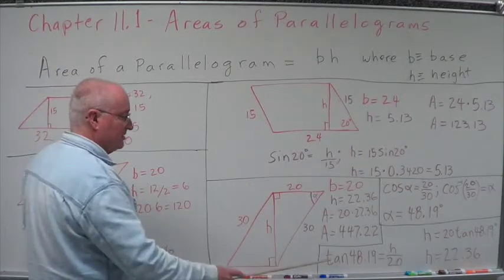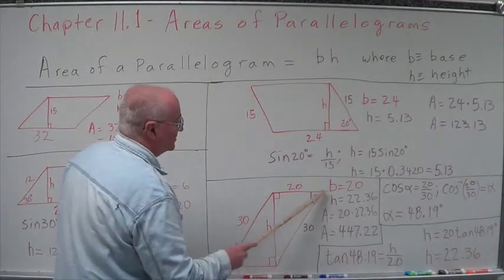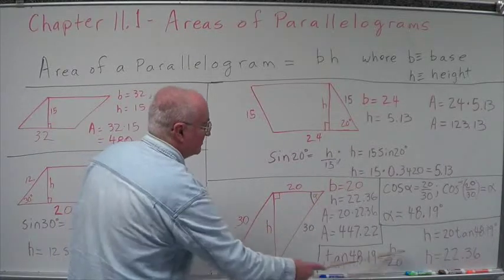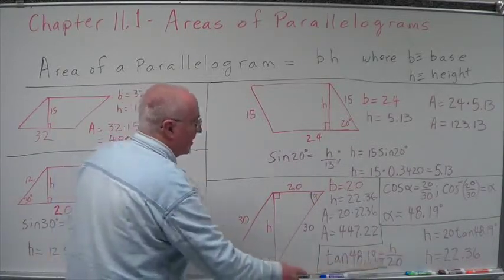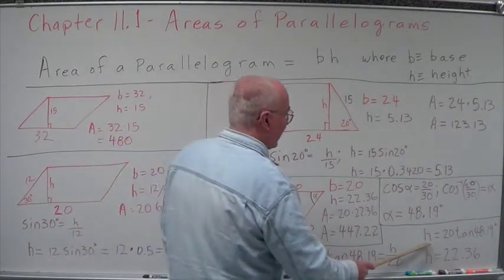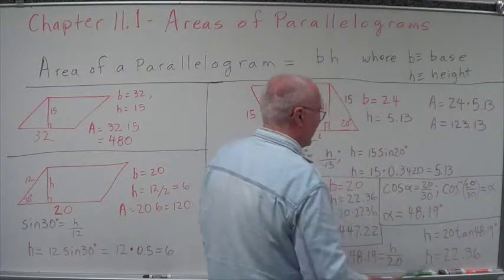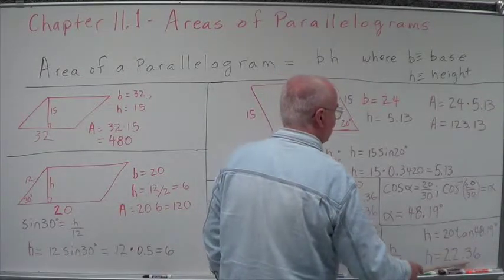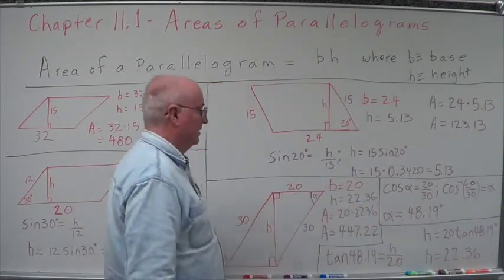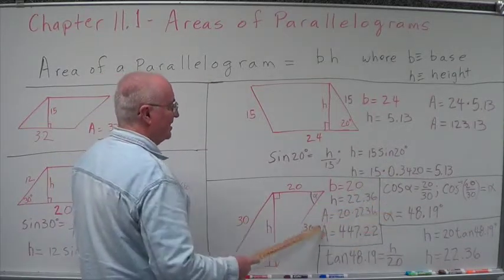I chose the tangent. Take your pick. The tangent of 48.19, because we're standing right here, is h, the height, over 20. Rearrange that. Height equals 20 times the tangent of 48.19. The height equals 22.36. So we finally have our height of 22.36.